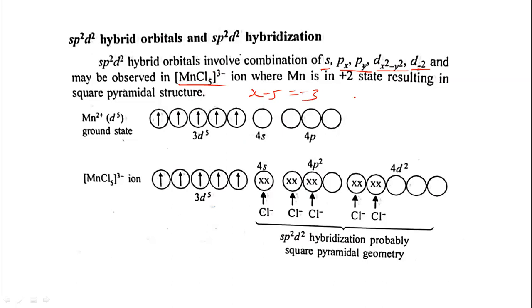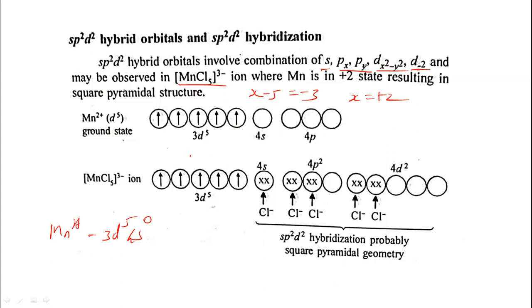So x equals +2. The oxidation state of Mn is +2 and it has the electronic configuration 3d5, that is, 3d5 4s0. So you can see there are 5 unpaired electrons, and 4s and 4p orbitals are vacant. There are 5 chlorine atoms that are going to bond to the manganese.